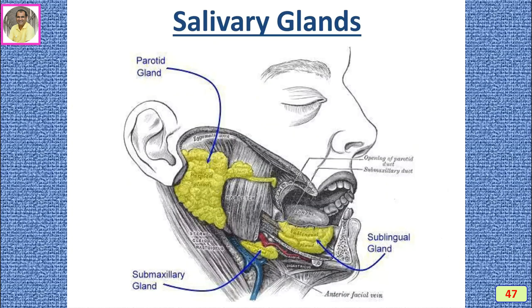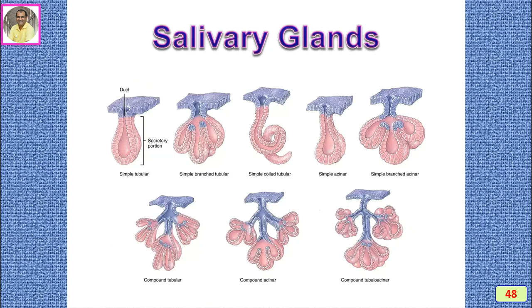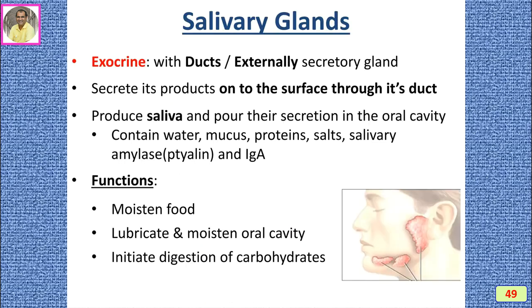Coming to the salivary glands of a human being, the classical examples are the submaxillary gland, the sublingual gland and the parotid salivary gland. In most of the domestic animals, similar salivary glands are also present, but the anatomy of them is a little bit different. Salivary glands are exocrine glands with ducts directly connected into the buccal mucosa and produce a lot of saliva in a day.